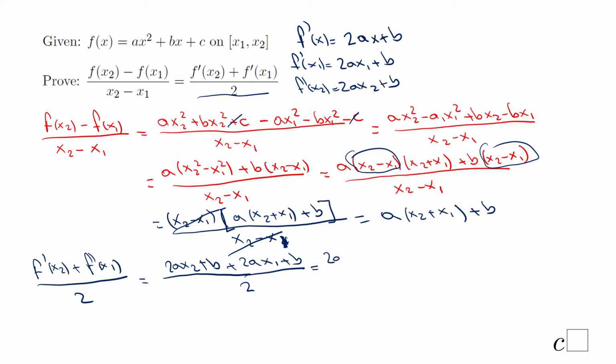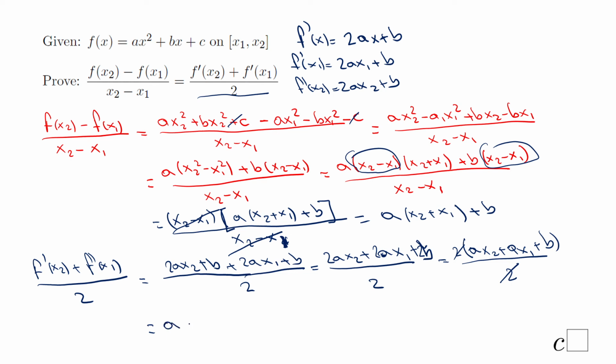So we have 2ax2 plus 2ax1 plus 2b in fact, over 2. We're going to factor out the 2 and we have ax2 plus ax1 plus b over 2. These two can cancel out and we have the simplest form, which is ax2 plus ax1 plus b.